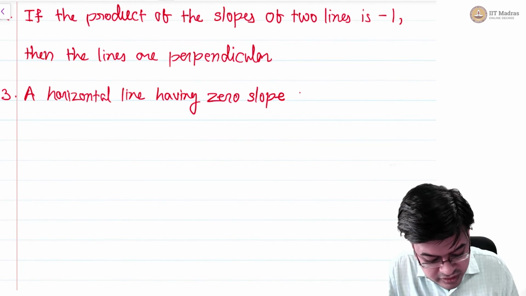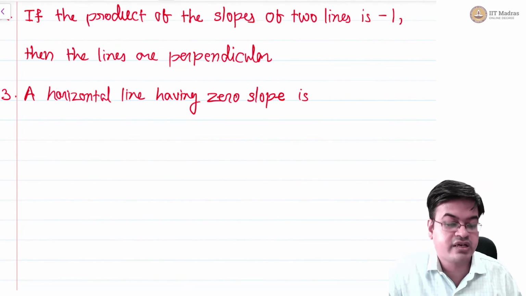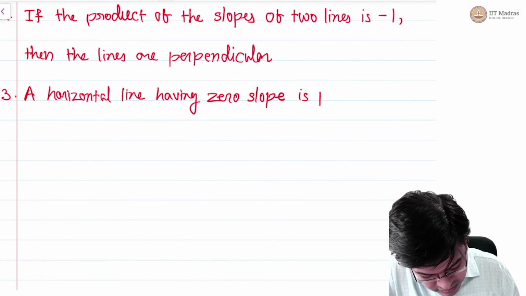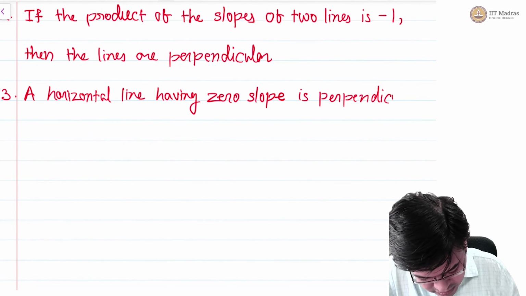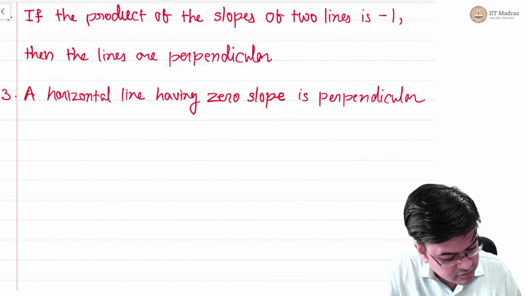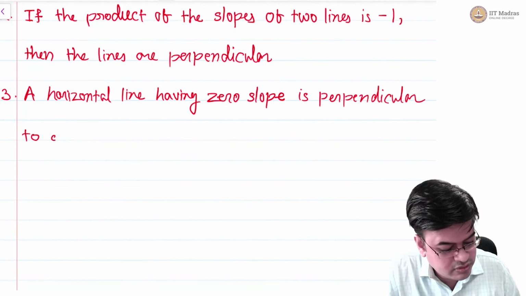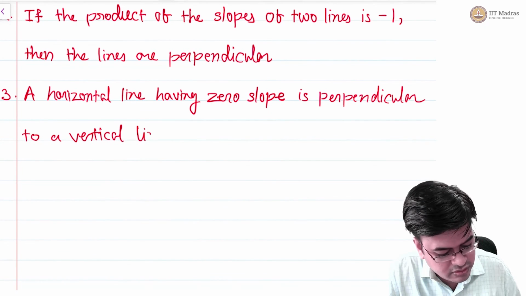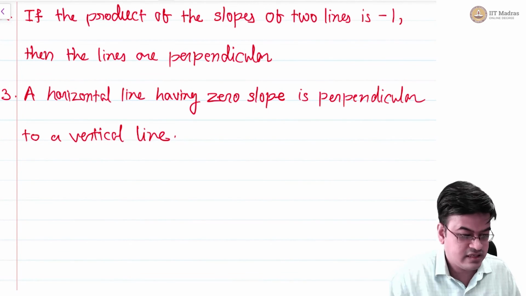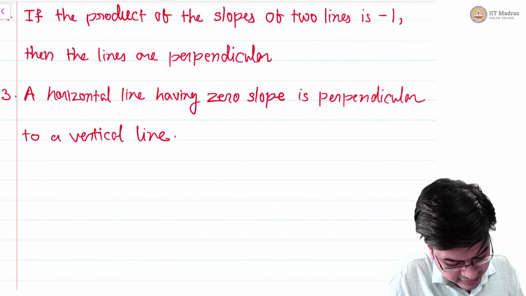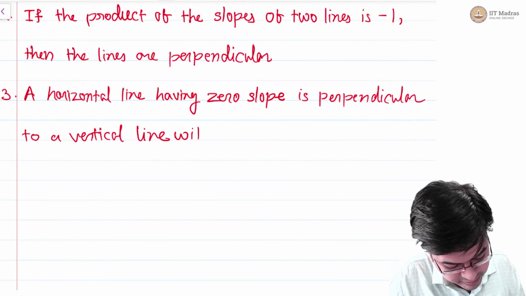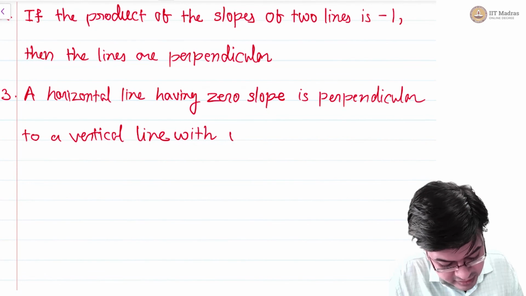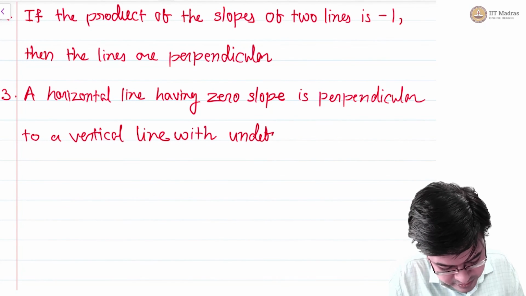This is without any proof because it is by construction. That essentially means this vertical line, okay, let me be very precise, vertical line with undefined slope.